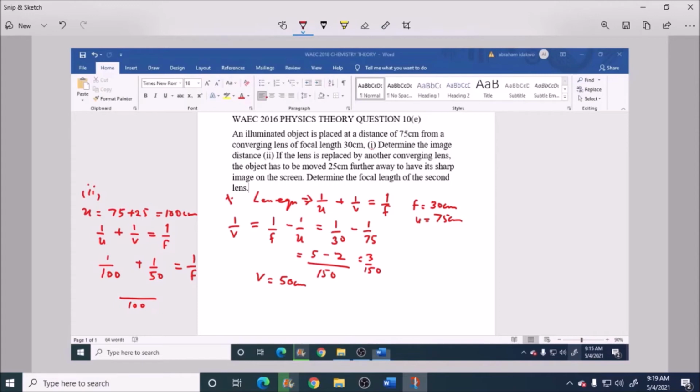So we have 100 over 3 is equal to f. So f is equal to 33.3 centimeter. So this is the focal length of the second lens.